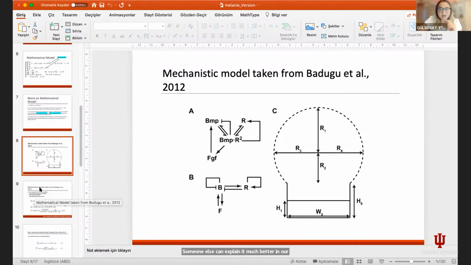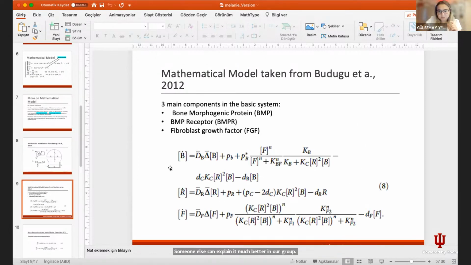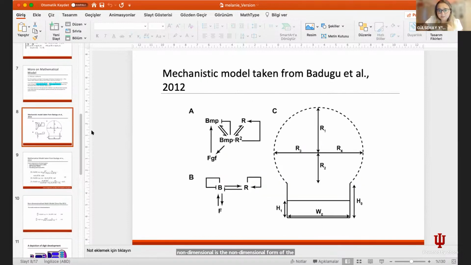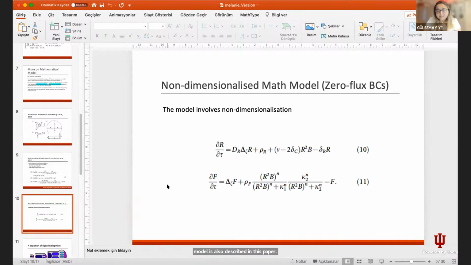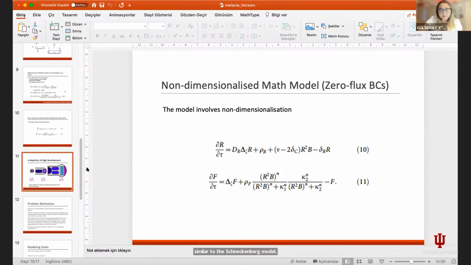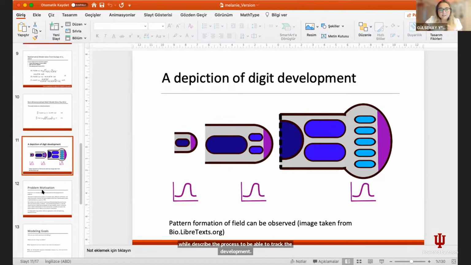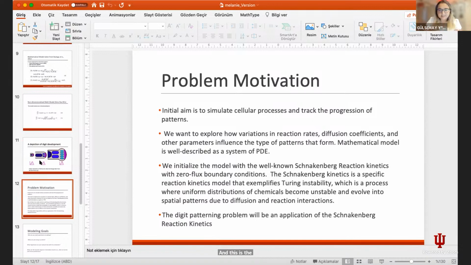I want to pass quickly through the mathematical model. This is the general form of the model, but the non-dimensional form is also described in the same paper that we took it from, and it's very similar to the Schnakenberg model. You can also see it in this picture, which well describes the process for tracking the development. And this is the improvement that we have done so far.